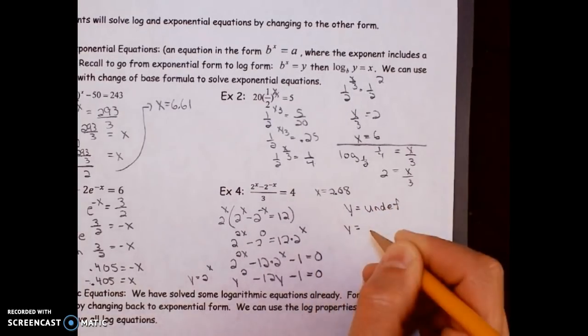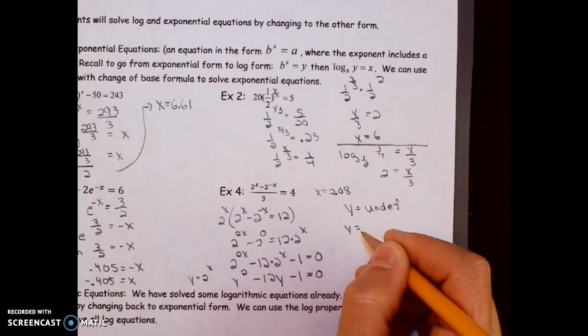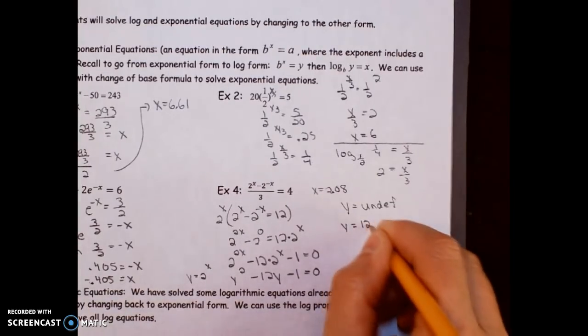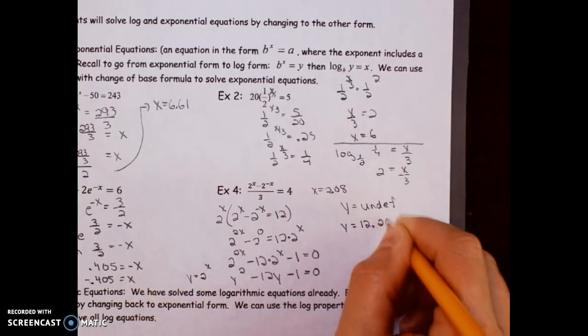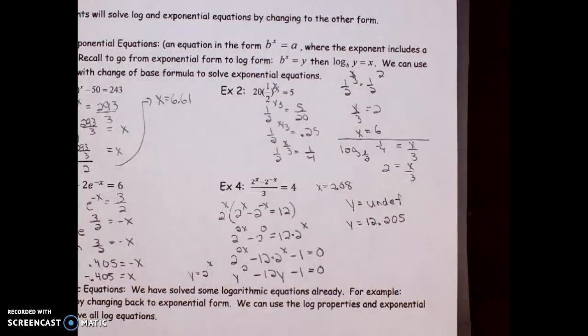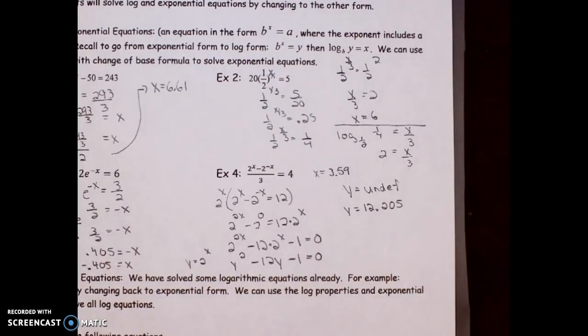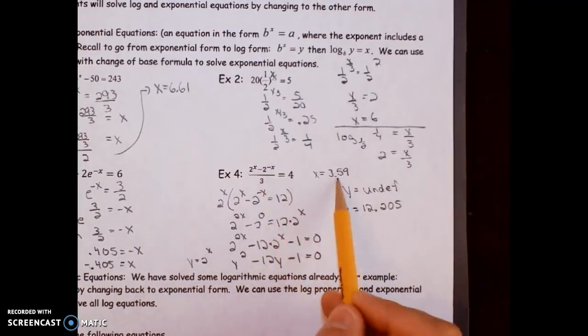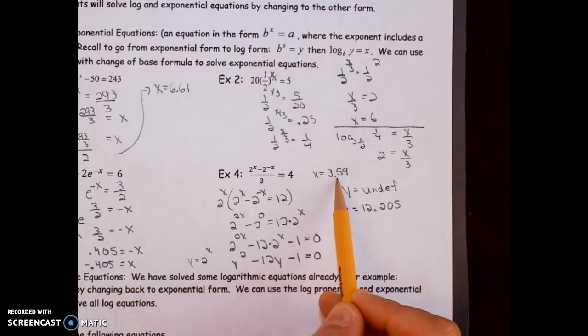And the other one is y is equal to 12.205. Okay, I just found an error when I typed in my calculator. I forgot to divide by 3 on the left, so my solution is actually 3.59.